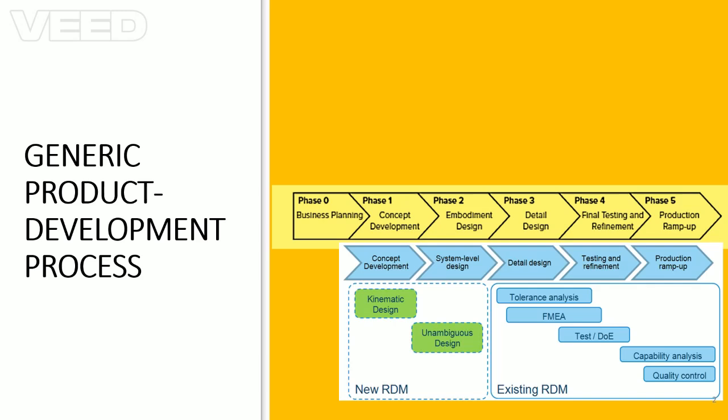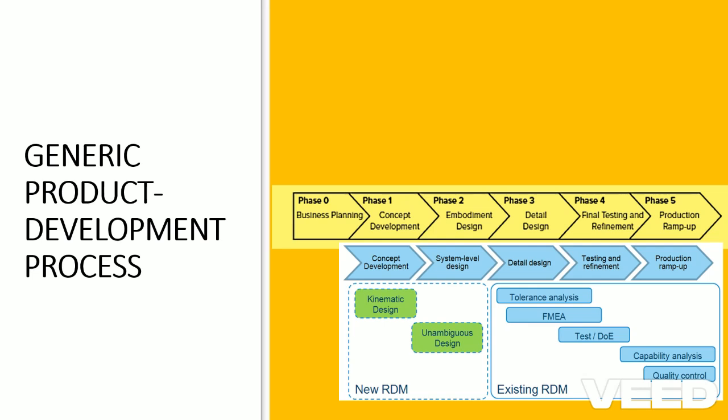Going deeper, in the first two phases, that is phase one and phase two, we go for concept development and system level design, where we check the kinematics of the design, any unambiguous design, and then move to the later three phases.